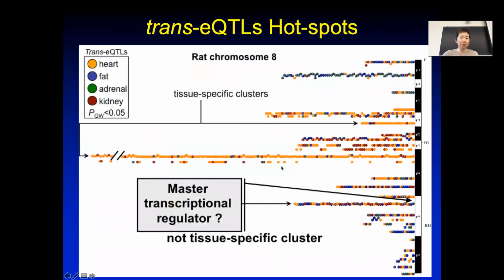And so people started looking at these trans eQTLs, and they found, for example, in this region, so each of these is a different block in the genome, and by the way, each dot, each little circle, is one trait.